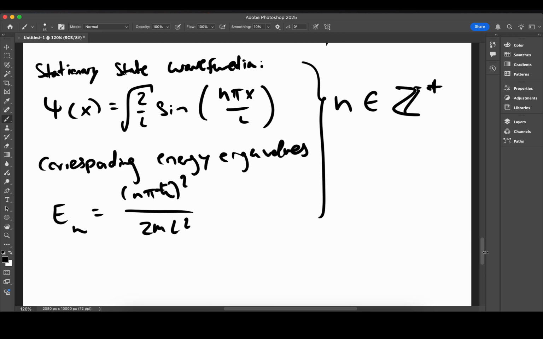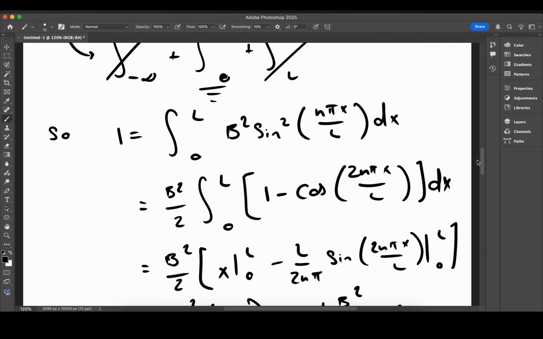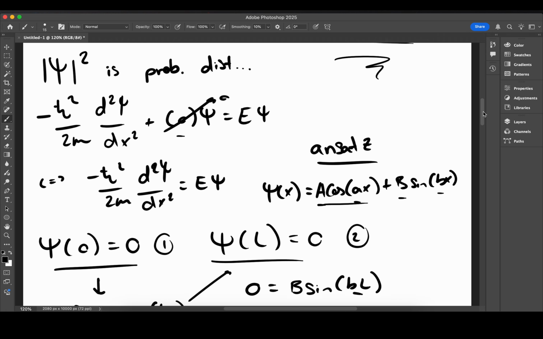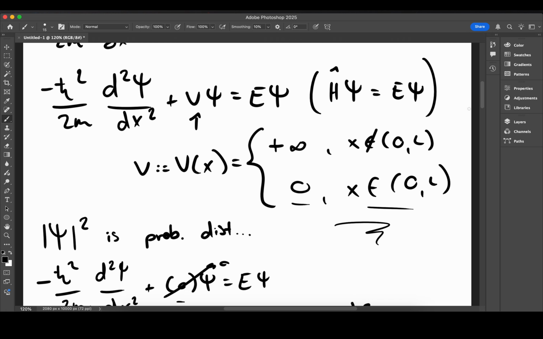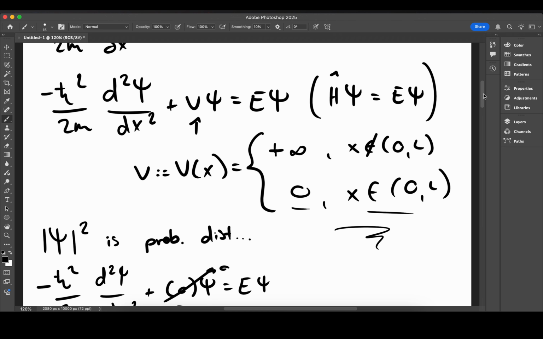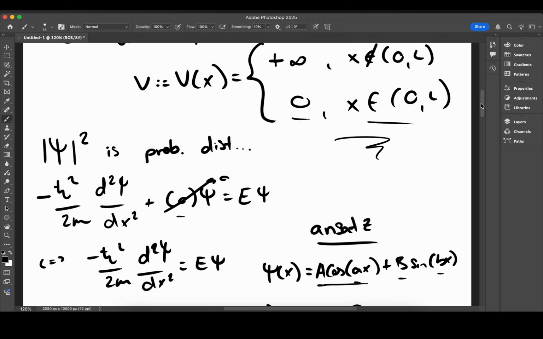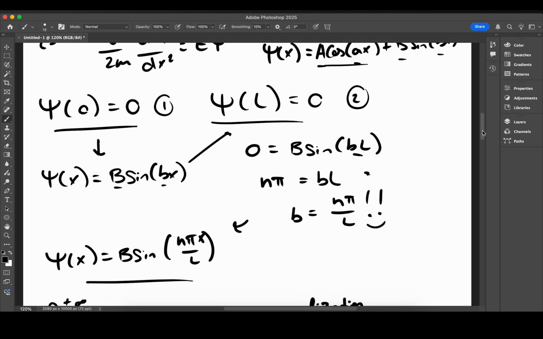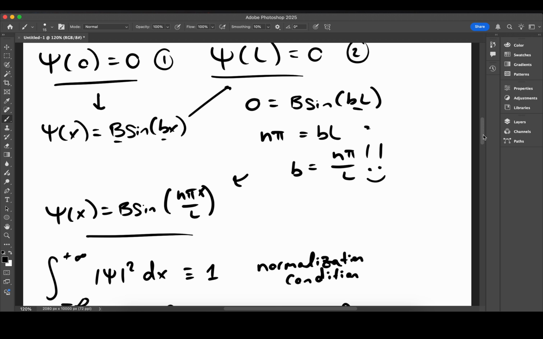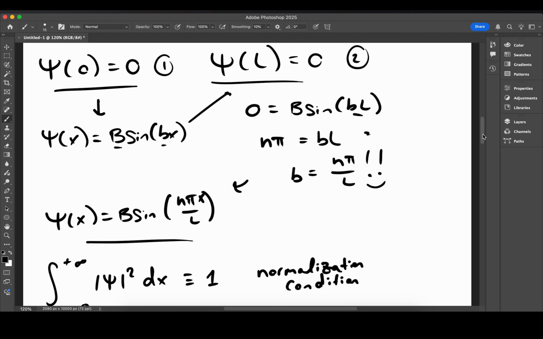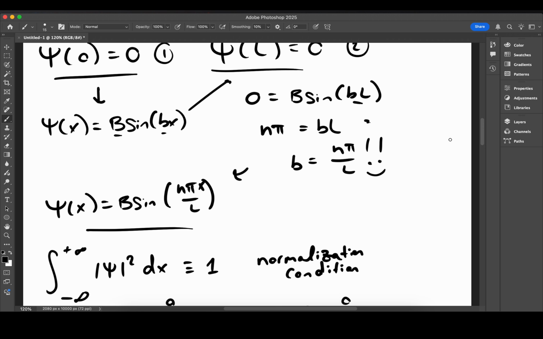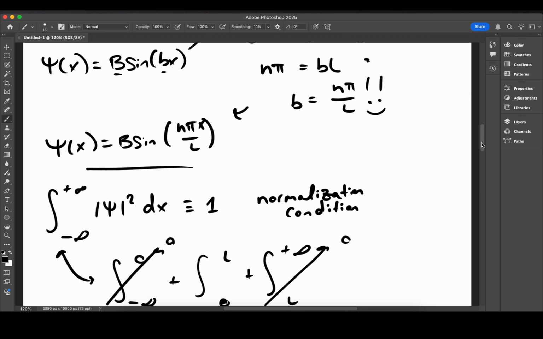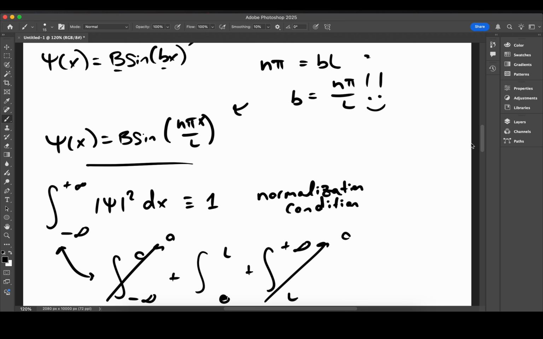So really, we just solved the time-independent Schrodinger equation in one dimension for this really nice potential here for the one-dimensional particle in a box. Applied some boundary conditions after getting the skeleton solution to figure out what terms we have and what the arguments of those terms might be as trig functions, and then we applied the normalization condition to find the amplitude of the leftover term, the sine term.